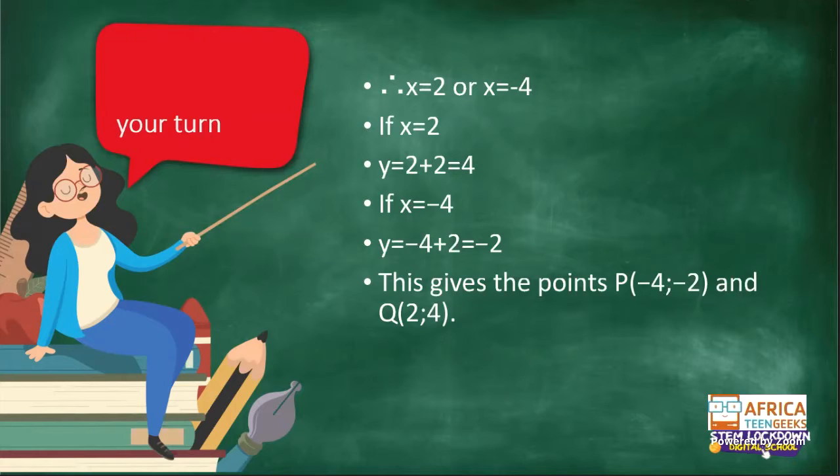Because you are not given any graph. You are not given the graph. So in this case, you can assign P and Q any of these coordinates. For example, P can be 2, 4, and Q can be -4, -2.